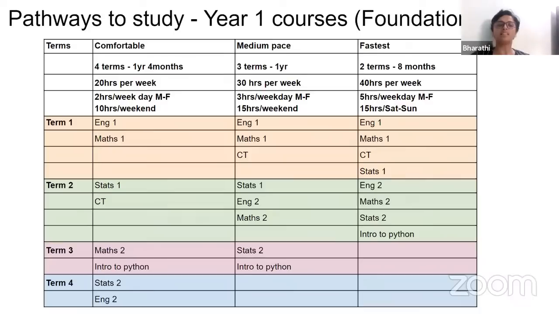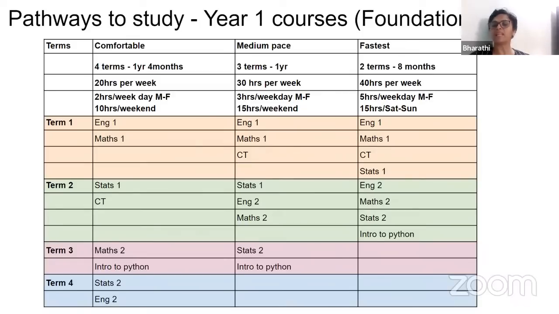Many students do this. There is no problem at all. I think you can go very slow. You can study very well from the program and you can do 2 courses at a time and finish the foundation level in 4 terms. So this is what we were saying, that in this program, you can decide at what pace you will advance. I might take 4 courses and finish in 4 terms.